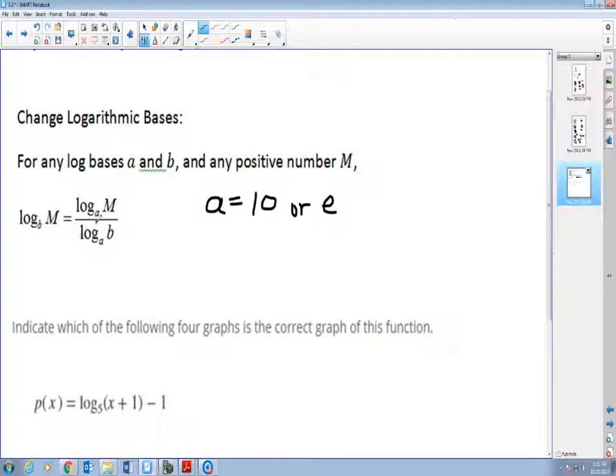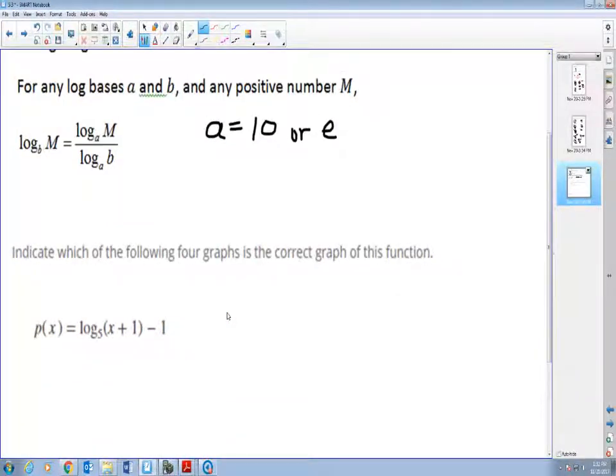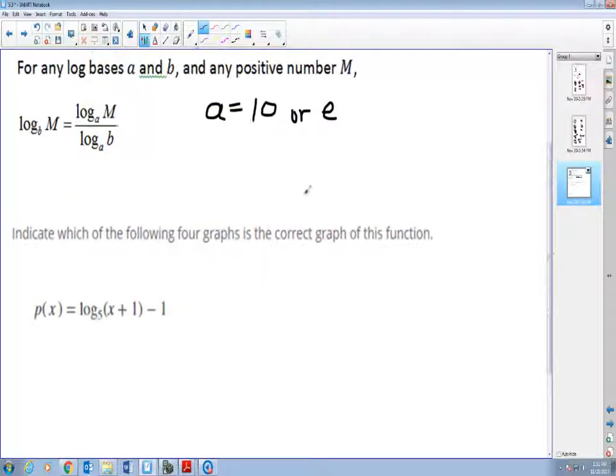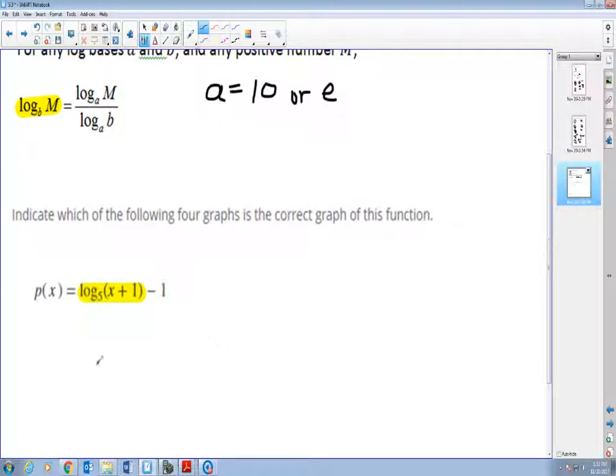If I use a base e where the a is, that gives me a natural log. So this is where it's crazy. Remember now, one of them is going to use base 10, one is going to use base e. If I match up this formula with this part right here, b has to be my base 5, m has to be my x plus 1. This minus 1 just shifts my graph downward one place.